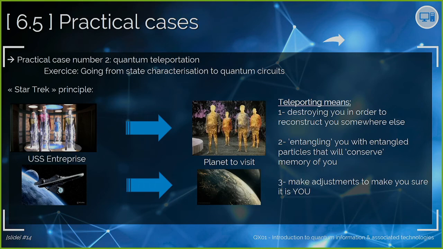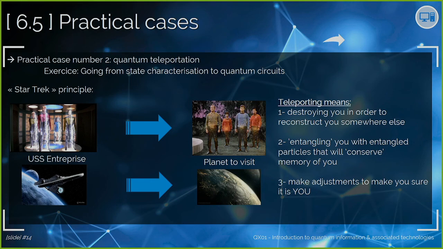That's the first thing. The second thing is, in order to do this, and we'll see this protocol, we need to find a way to entangle you with particles in order to get rid of you on one side and to reconstruct you on the other side, knowing that the information of you is kept through this entanglement between ship and planet. And then, it's not finished, of course.